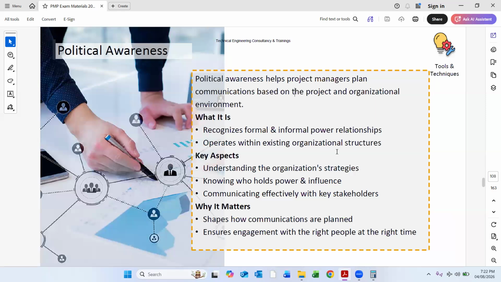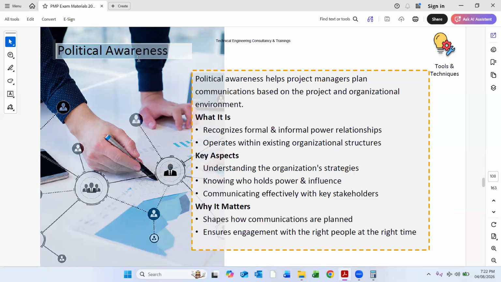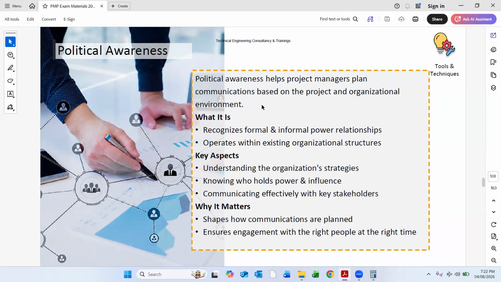Knowing who holds power and influence shapes how communications are planned, ensuring engagement with the right people at the right time. This political awareness is based on the politics within the project. So it will help the project manager to plan the communications.